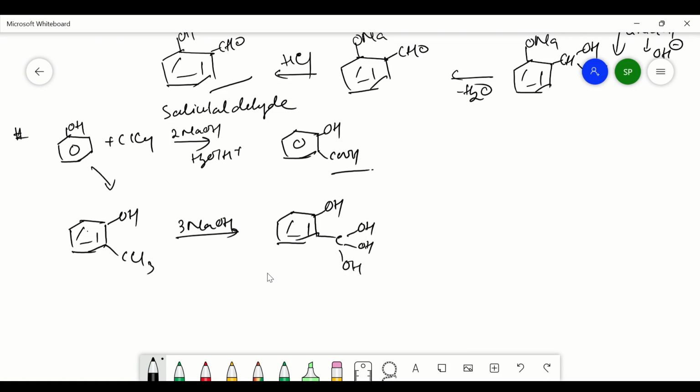These two OH groups will undergo dehydration, there will be minus of H2O and formation of phenol with C double bond O, OH. Okay. Formation of salicylic acid.